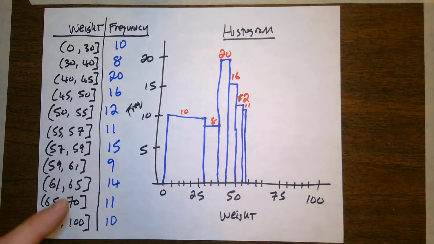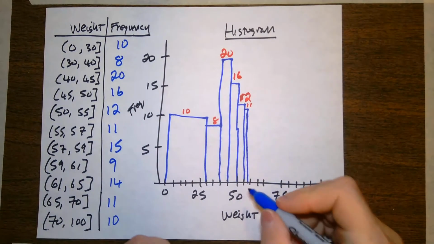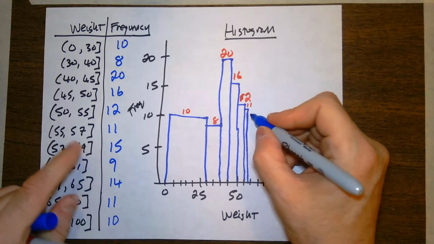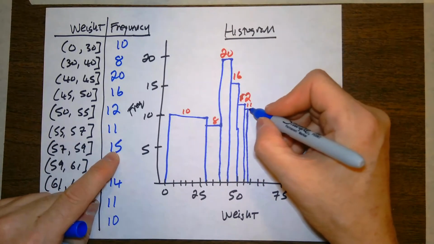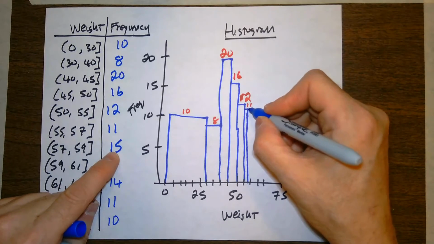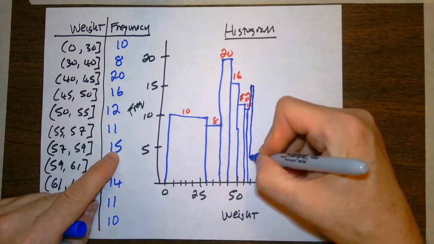The next class, 57 to 59, and 57 to 59, there were 15 of these. So it's going to go up here to 15. Very narrow class all the way down.